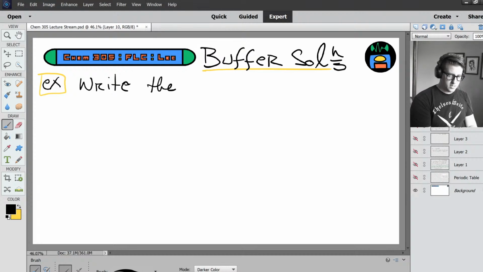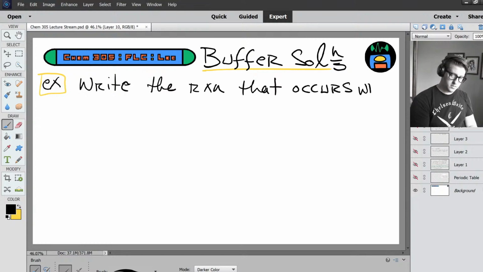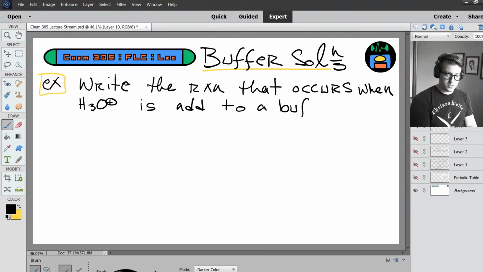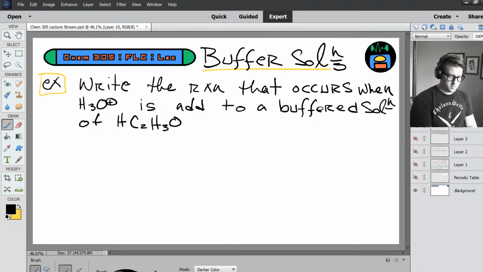Write the reaction that occurs when hydronium is added to a buffered solution of acetic acid, sorry, that should be O2, and acetate.